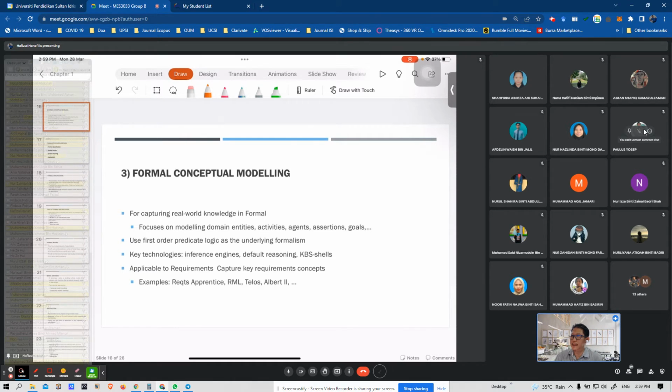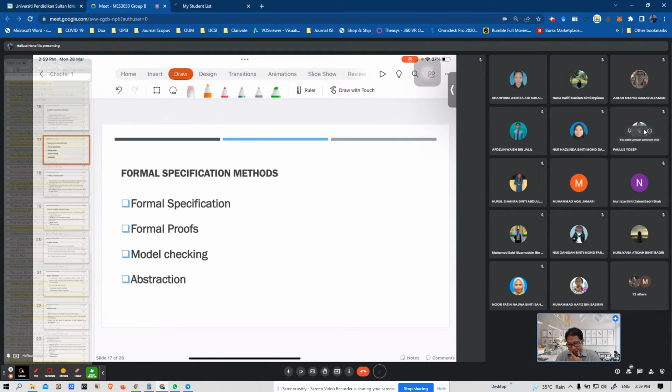And then we capture using tools. Examples here are Rex, Apprentice, RML, Telos, Albert II, and so on. This is to conceptualize the model.